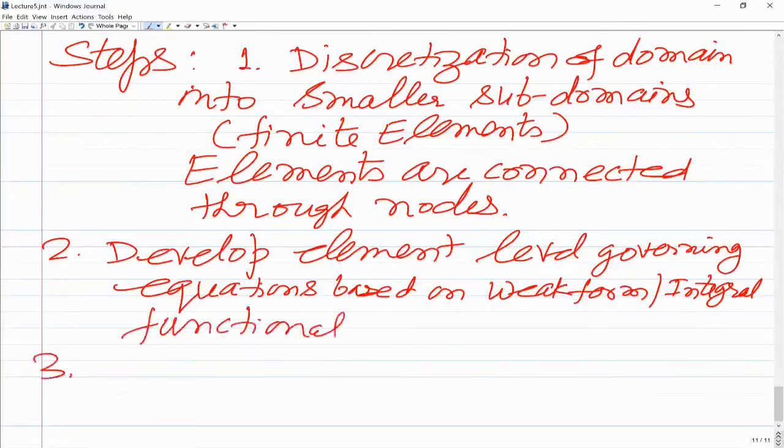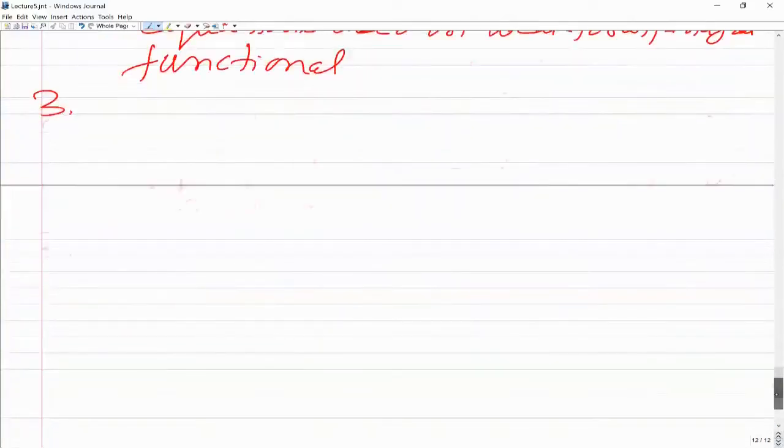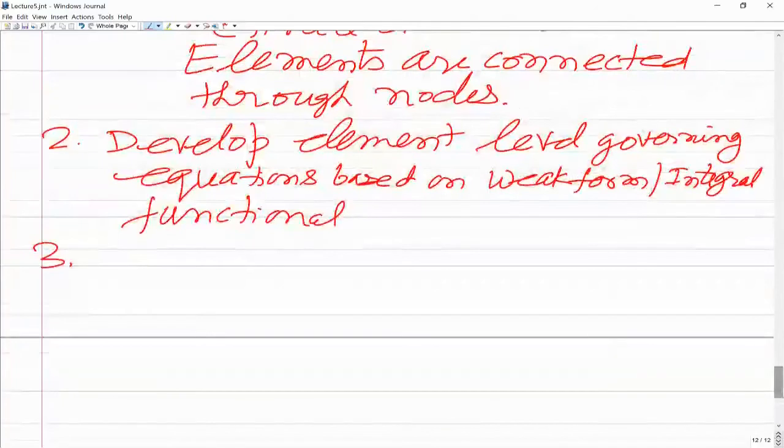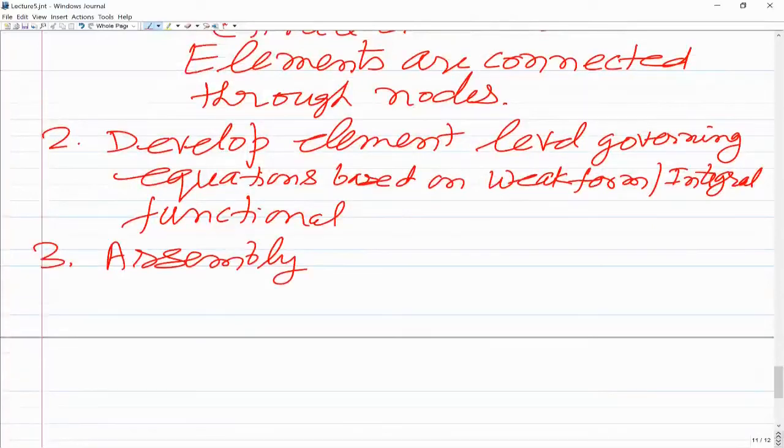Now we have divided the whole domain into smaller subdomains, and for each subdomain, that is each finite element, we are developing the element level governing equations. So we will have to then assemble them. So the third step is assembly. We have to combine all these equations, so that is the summation process.